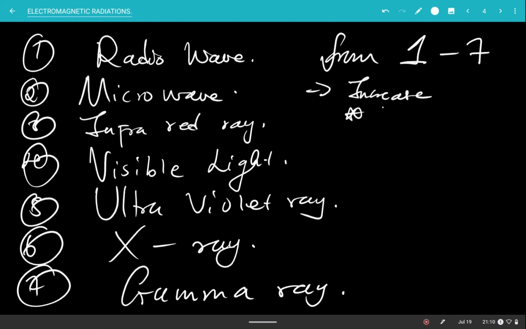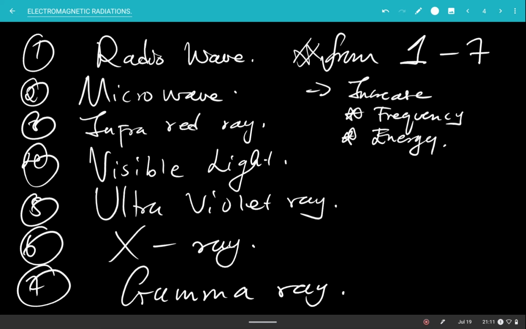The first thing will be what? Frequency. How frequent it is. Then the second thing is going to be energy. So as you move from radio going to gamma ray, you are having an increase in frequency and energy.